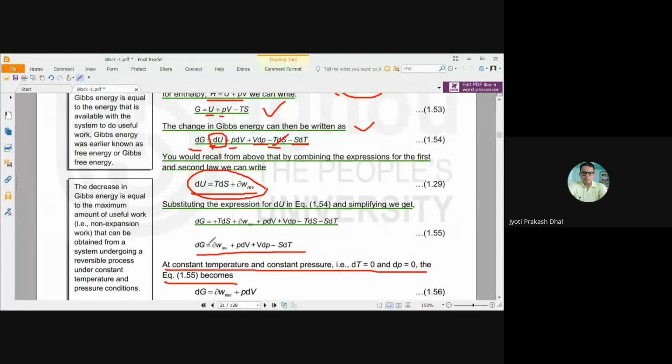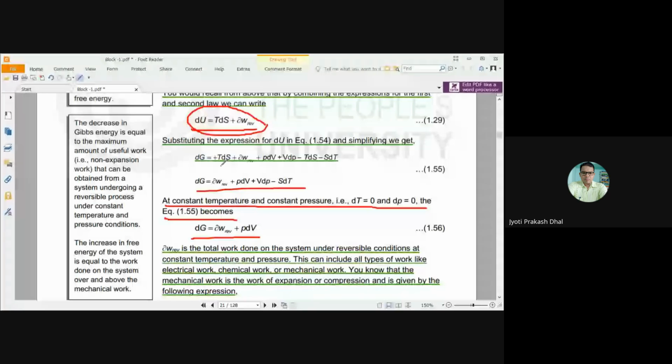So we can write dG equals T dS plus dW reversible plus P dV plus V dP minus T dS minus S dT. So T dS will be cancelled out. So we can write dG equals dW reversible plus P dV plus V dP minus S dT. At constant temperature and pressure, dT equals 0 and dP equals 0, so these terms will vanish.